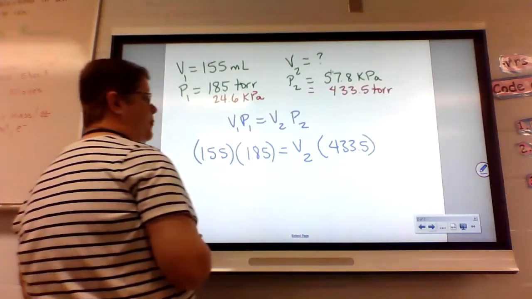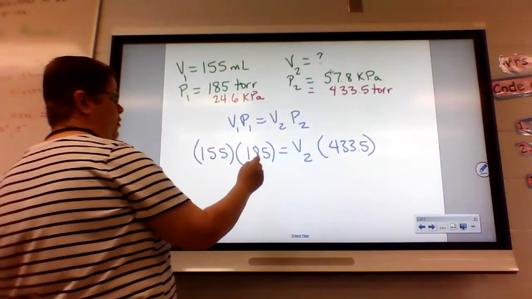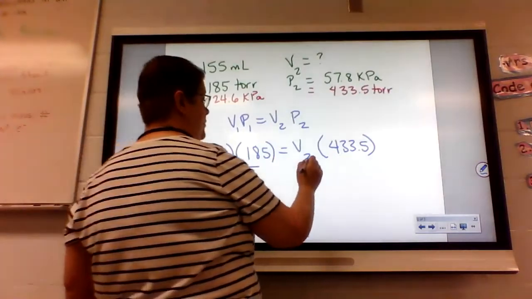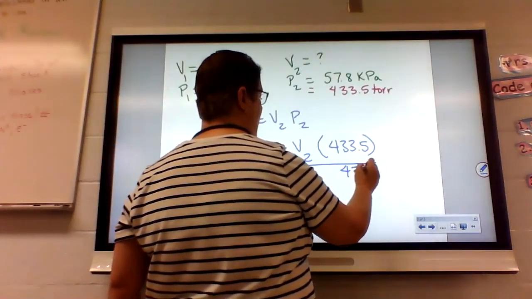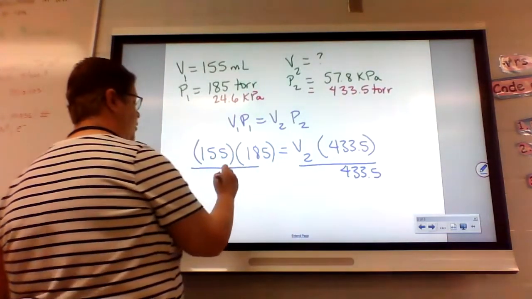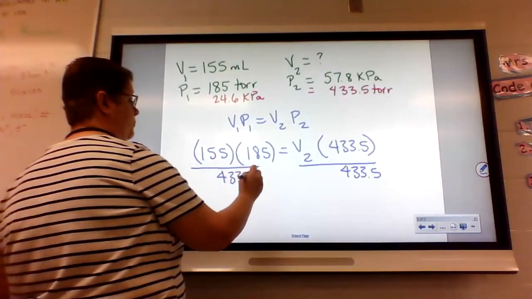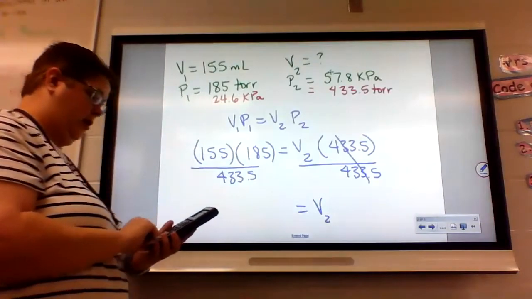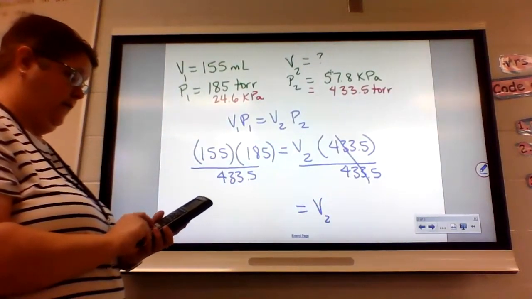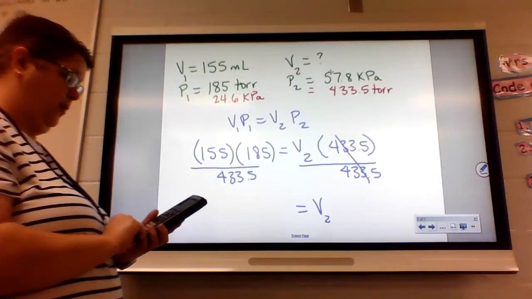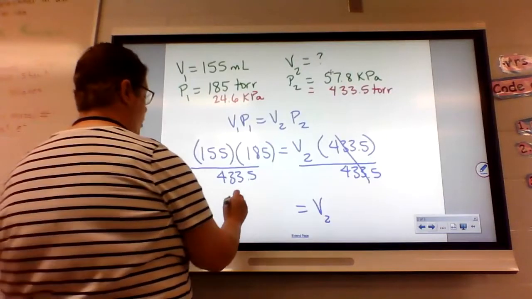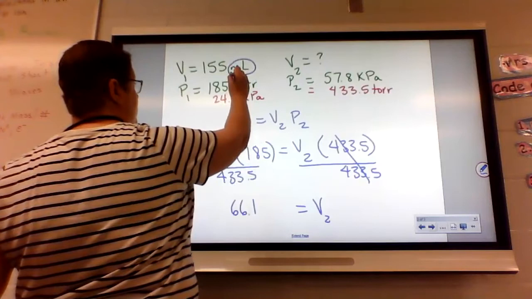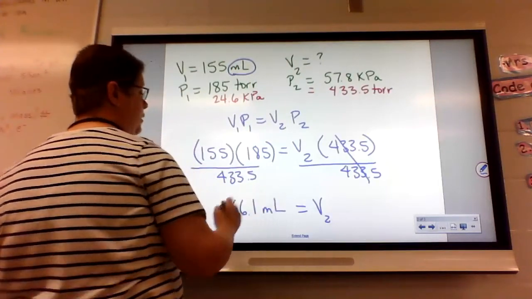If you had kPa, you'd have put the 24.6 and 57.8. Dividing both sides by 433.5, it cancels. V2 equals 155 times 185 divided by 433.5, which gives us somewhere around 66.1. The units have to match, so it has to be milliliters.